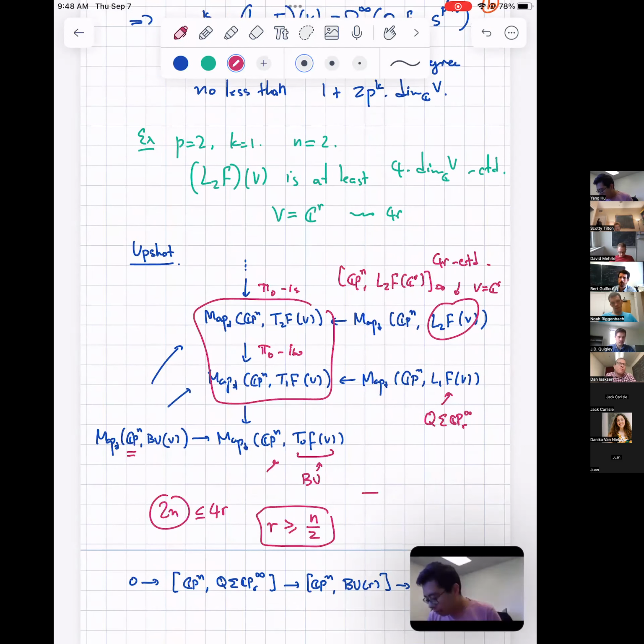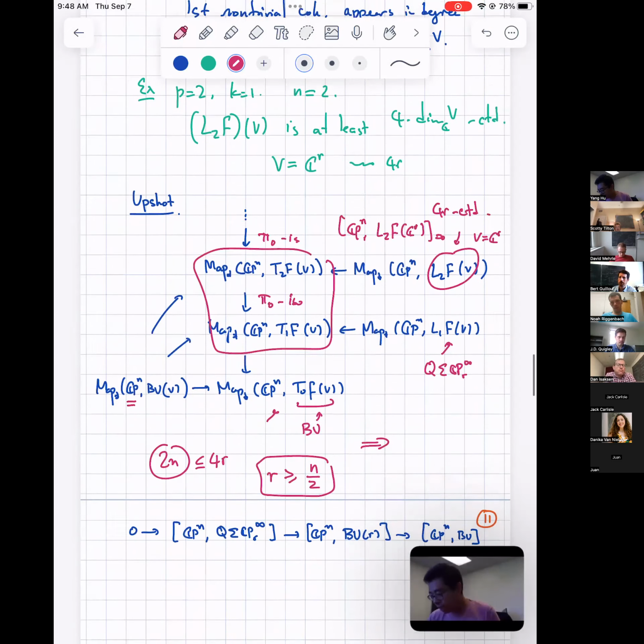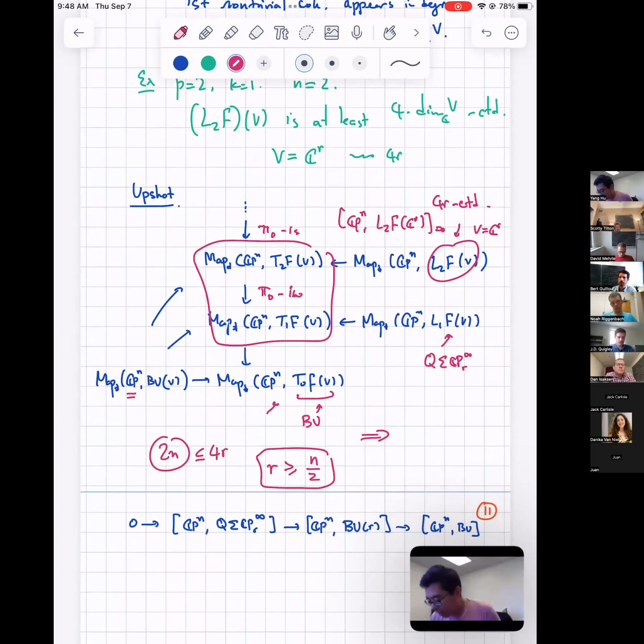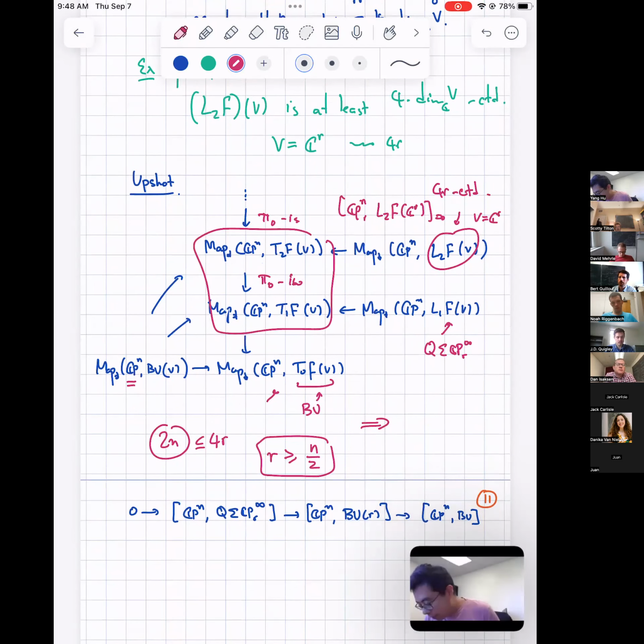So what we get at the end is an exact sequence, after evaluating at V equals C^R within this range. Now we are just going to focus on the bottom fiber sequence. So after taking π_0, we get a long exact sequence.